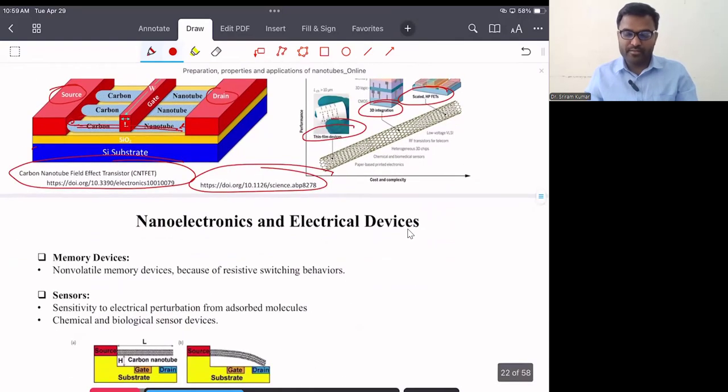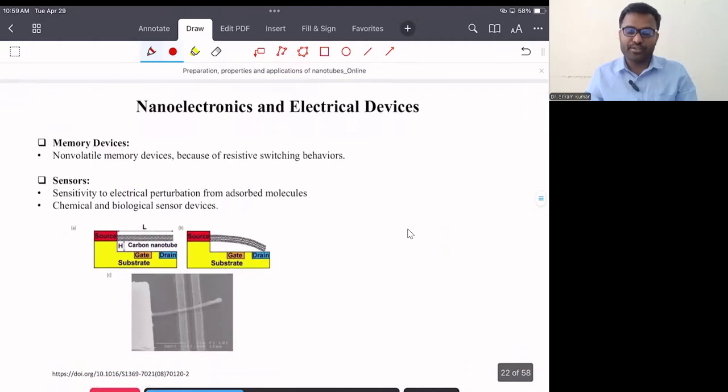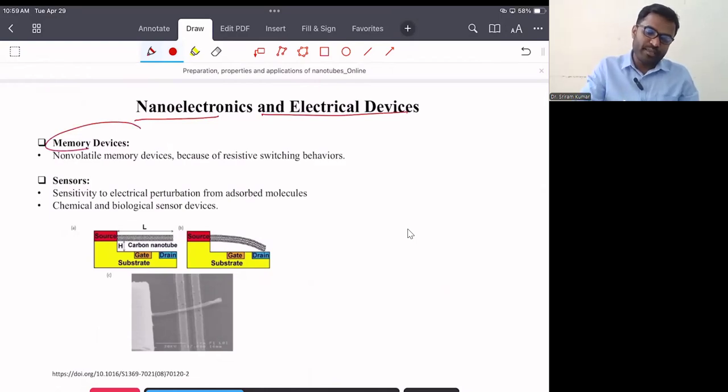And we have another important application of the carbon nanotubes in nanoelectronics and electrical devices. For example, there is a huge applicability of carbon nanotube materials in memory devices.